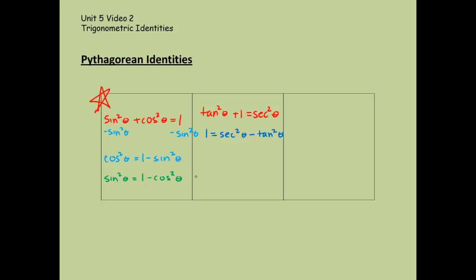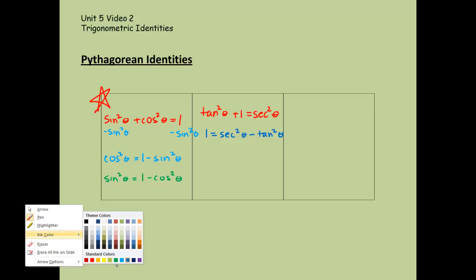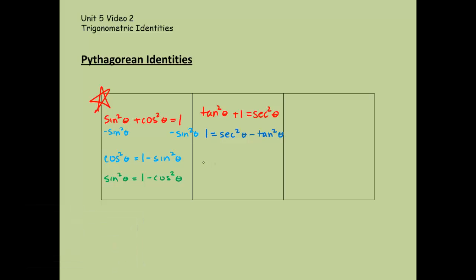Yes, I could, by subtracting the 1 to the other side. So I can have tangent squared of theta equal to secant squared of theta minus 1. Again, as long as you know the one in red at the top, the others can be derived from that, and they may prove helpful to you.